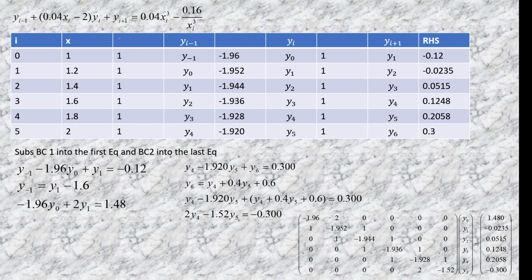The coefficient for yi minus 1 is always 1, and the coefficient for yi plus 1 is also always 1. So you just need to tabulate the coefficient for yi, given by 0.04 xi minus 2, and the right hand side, 0.04 xi cube minus 0.16 over xi cube. You can quickly obtain these from the table menu in your scientific calculator.